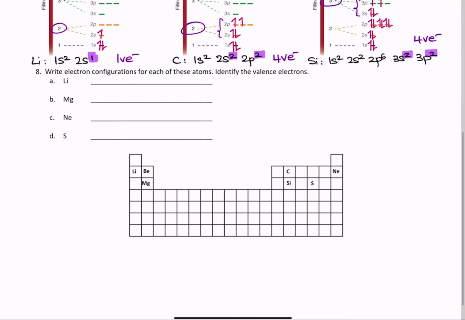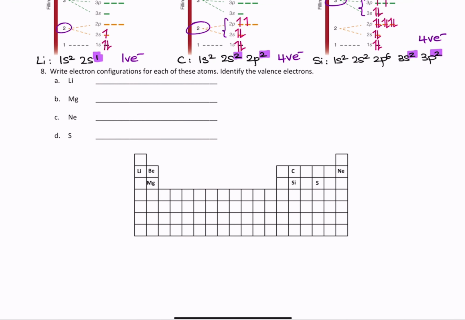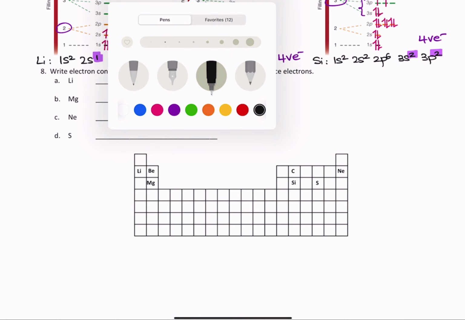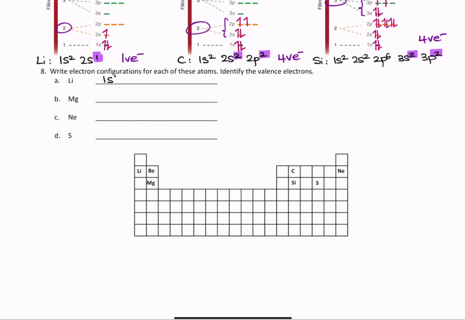What you are asked to do in problem 8 is to write the electron configuration for each of these atoms and then identify the valence electrons. We already did lithium, so I'm not going to do this again. Lithium is 1s2, 2s1, with here the valence electrons. For magnesium, it's up to you.